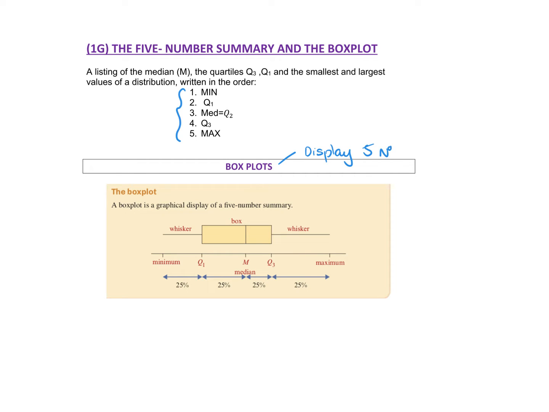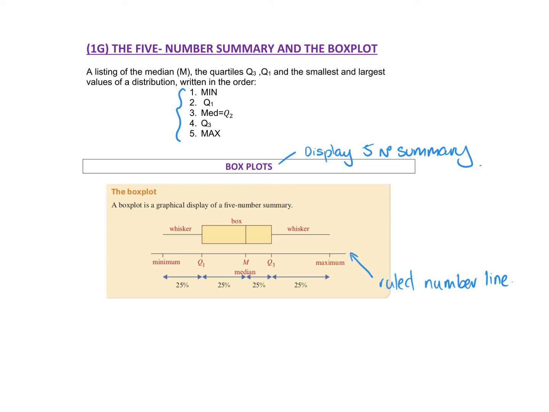When we're drawing a box plot ourselves, we must have a ruled number line. It just means an axis, and it's ruled and broken up evenly. And we mark the certain points.